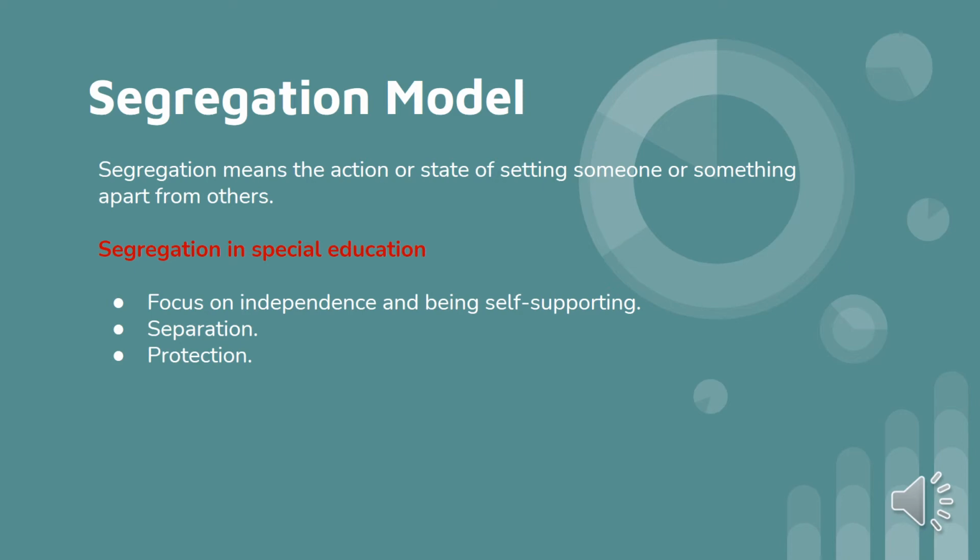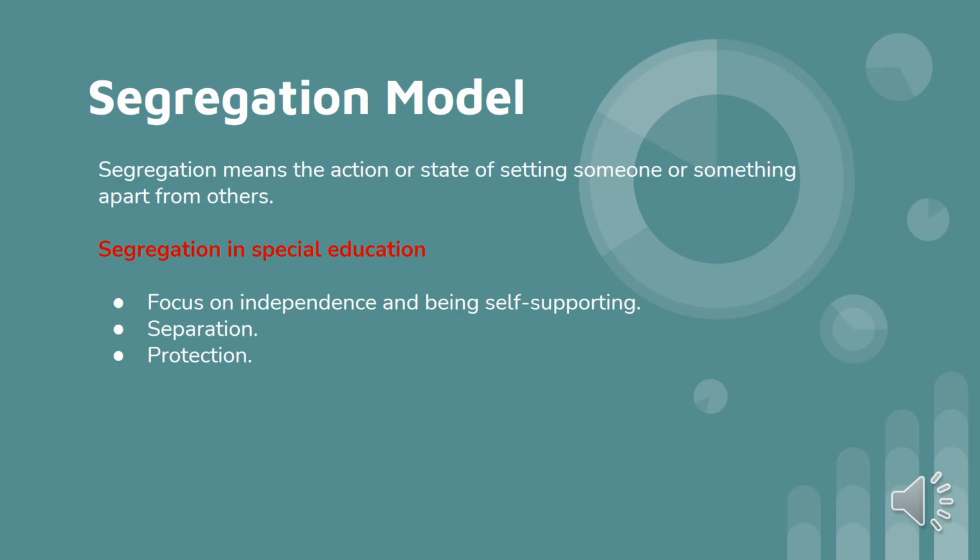Separation. Keeping disabled kids from non-disabled kids isn't about protecting kids from distraction. It is about protecting kids from disability. It teaches kids at an early age that disabled people are different, and it legitimizes systematic exclusion.